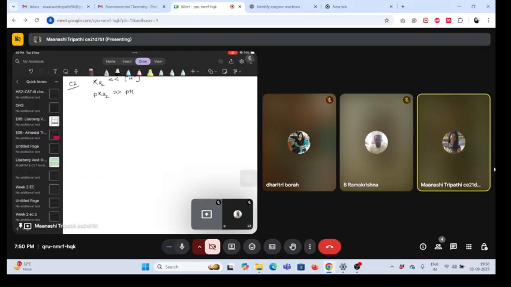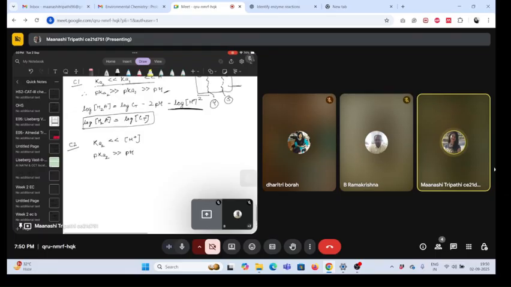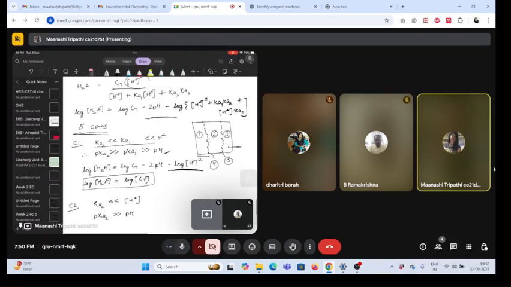Any term containing Ka2 in the main equation can be neglected, because here Ka2 is very small.